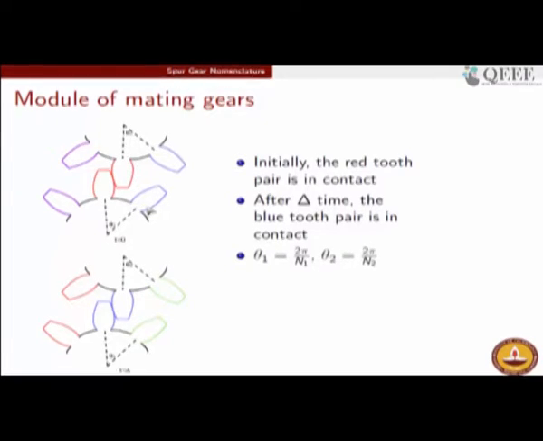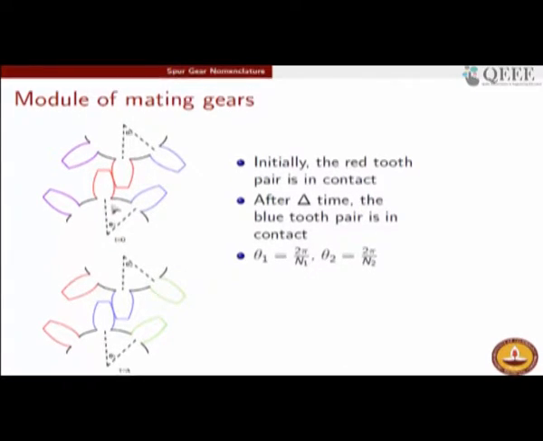So the angle between two successive teeth in any gear will be given by 2 pi divided by the number of teeth, because the total angle over the entire gear is 2 pi, and if you know the number of teeth to be n, then the angle between any two successive teeth in a gear will be 2 pi by n.